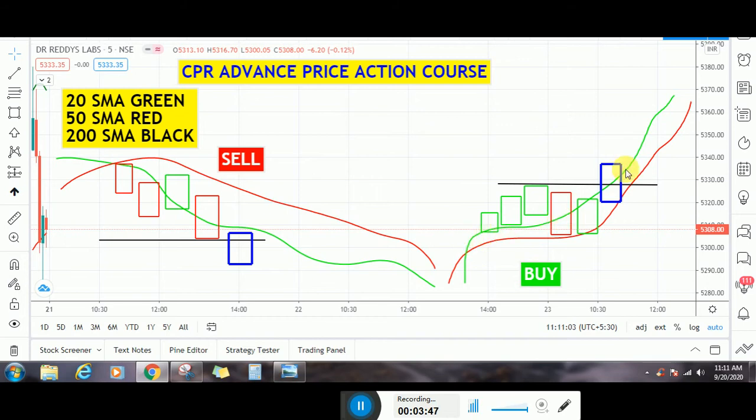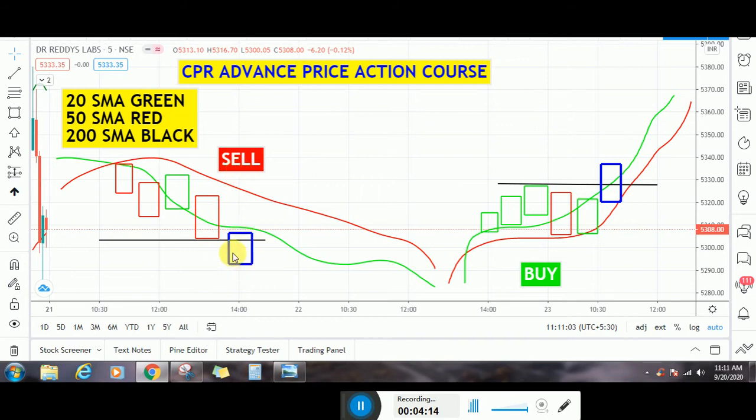The railway track pattern is very important. Then a candlestick formation that breaks the higher high and forms a new high is an entry. Forming a new low: here you see this candle's low breaks, so this is a new low. The lower low concept comes under the sell session.